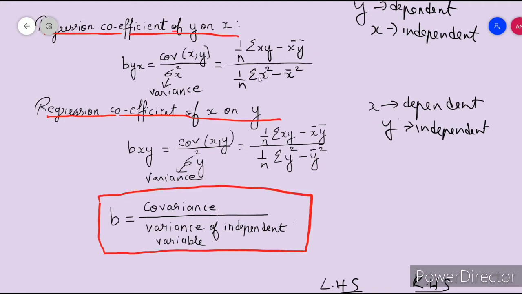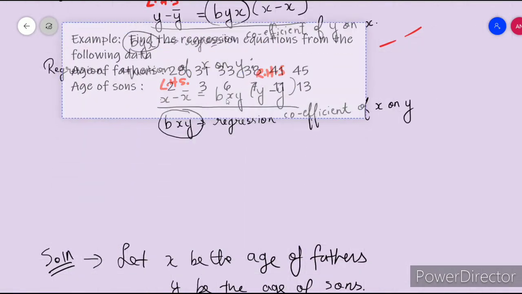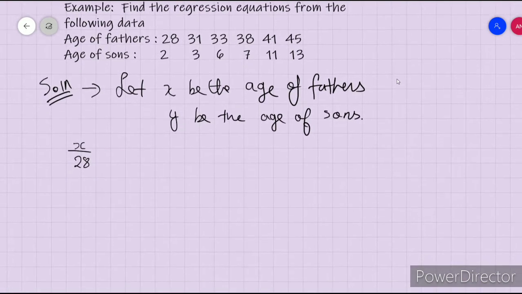Then we need to find summation x square for finding out the regression coefficient of x on y. These are the values we need to work with: summation xy, summation y square. So that is what we are trying to do in this sum.